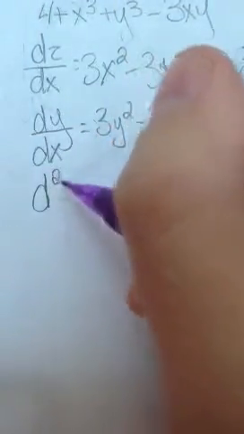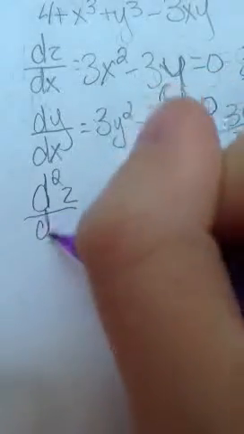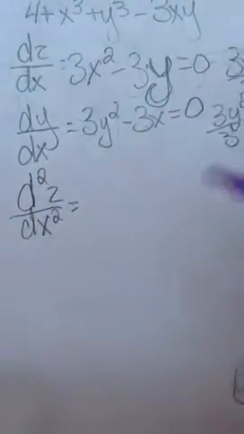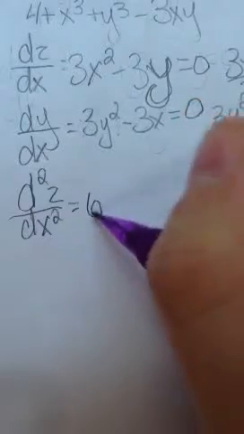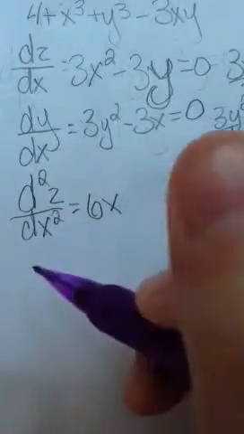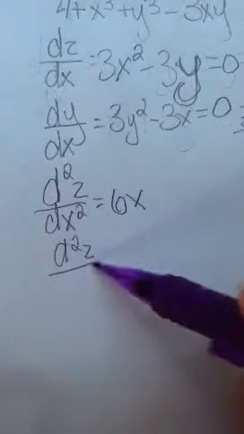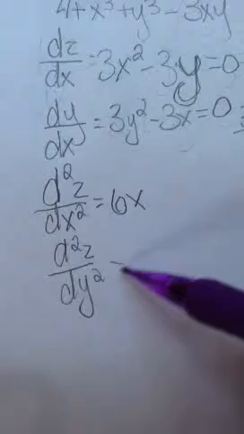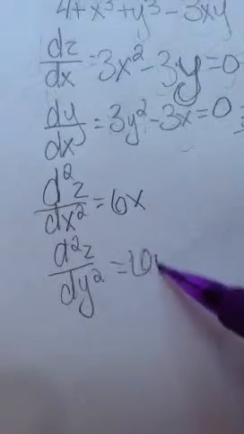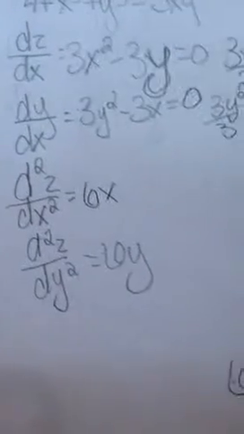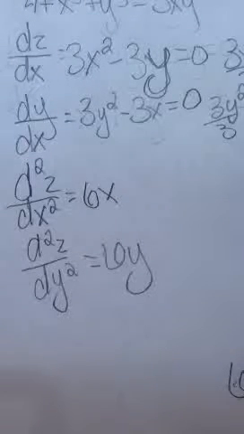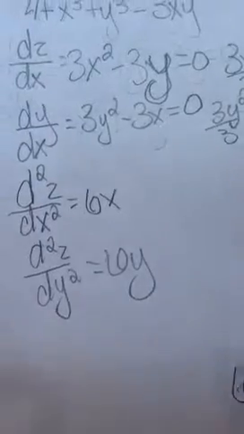So we're going to take the second derivative of these. So d squared z over dx squared, which in respect to x would just give us 6x, and the d squared z over dy squared would give us 6y. So then we need to just plug in our values and add them together.